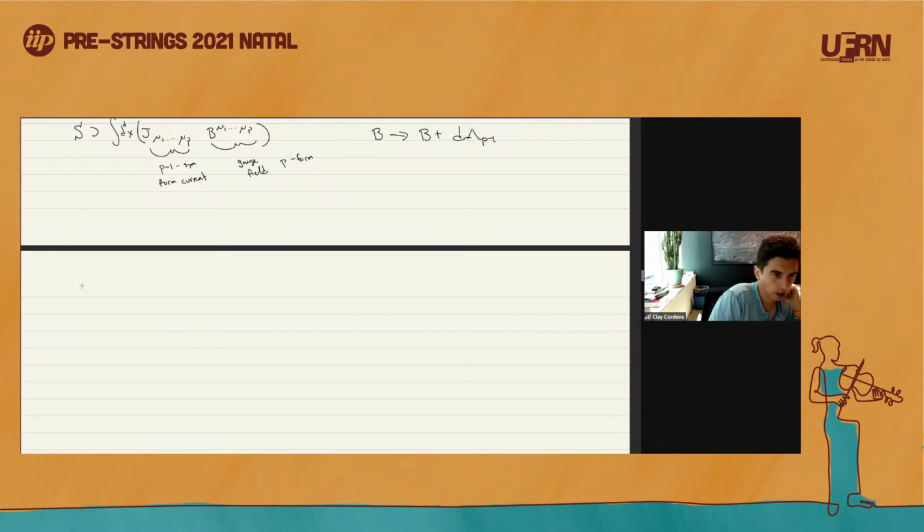So let's look at the transformation on fields. Okay, so we have U alpha, which is this. This is for the electric symmetry.